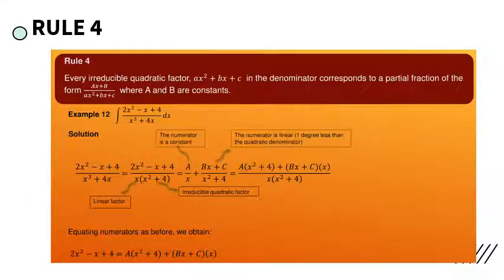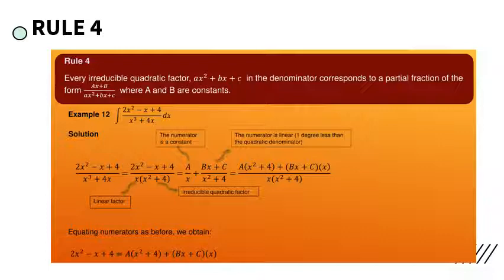Then we look at rule number 4, the last rule for partial fractions. Rule number 4 mentions that every irreducible quadratic factor ax squared plus bx plus c in the denominator corresponds to a partial fraction of the form Ax plus B over ax squared plus bx plus c, where A and B are constants.